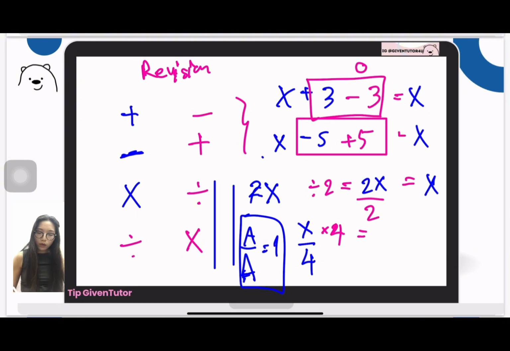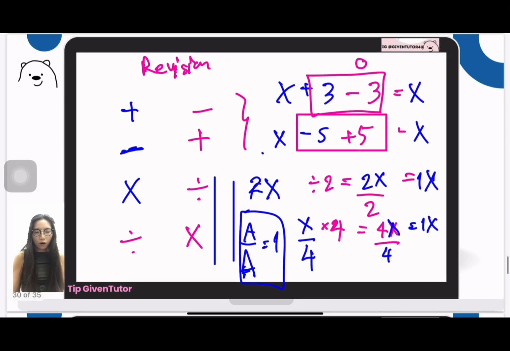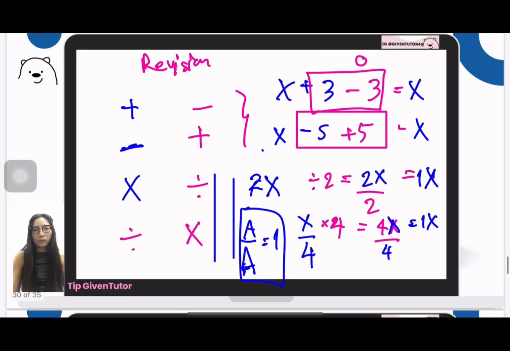So what we have right now, this is the 4x over 4, right? We got x because x means 1x. Okay, so this is the revision concept that we will do for the reverse operations. Thank you. We will check on more in the variables.